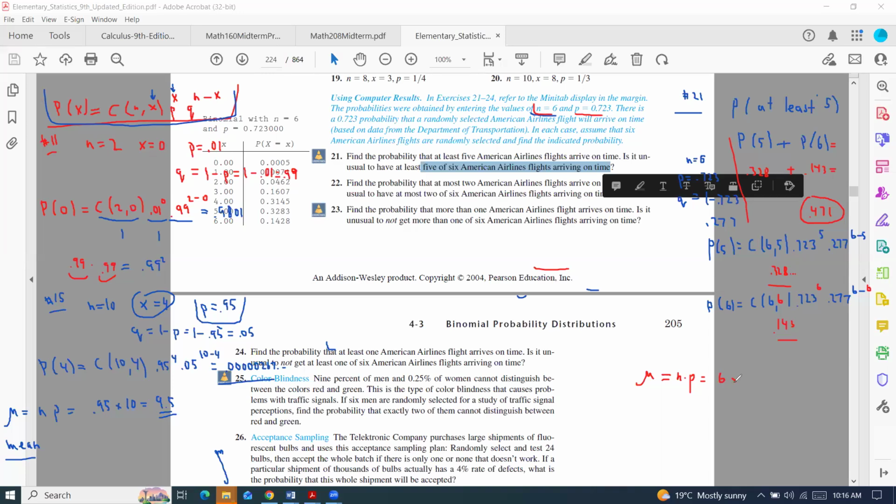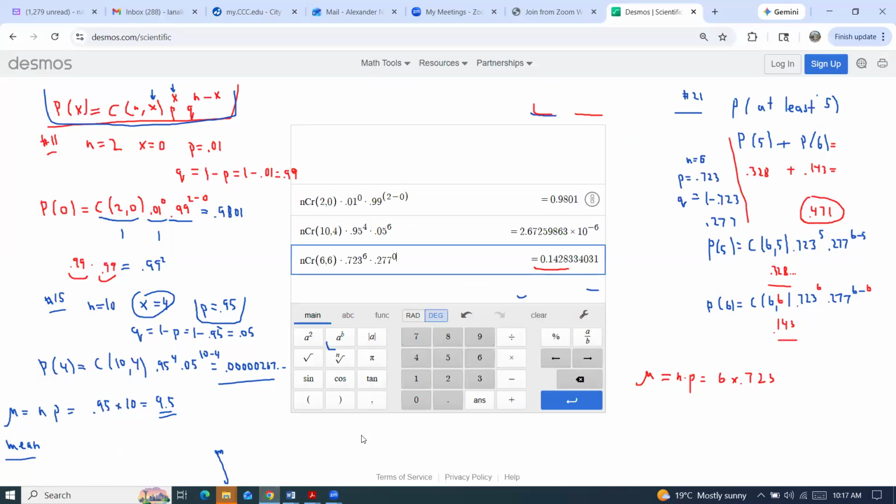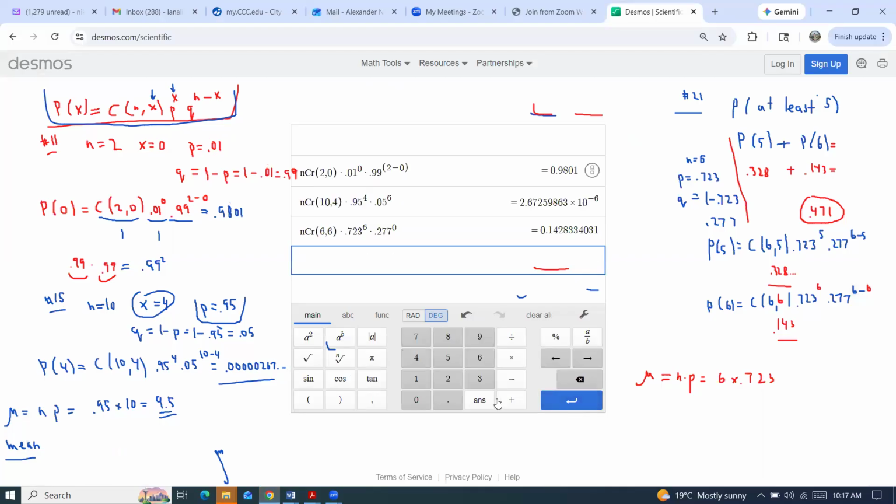I will use my calculator to see how many flights we should expect to arrive on time. So let's multiply 6 by 0.723, and this is going to be 4.33. So they expect about 4 flights to be on time, right? So 4.3, so it's either 4 or 5.